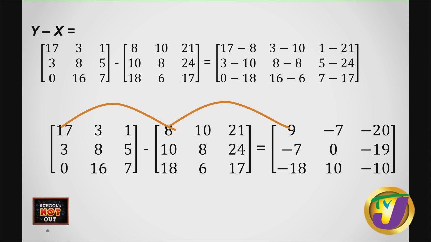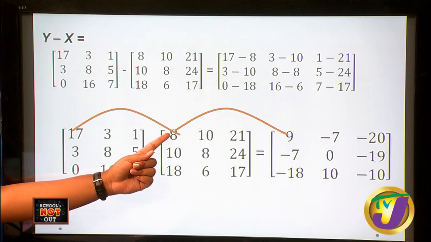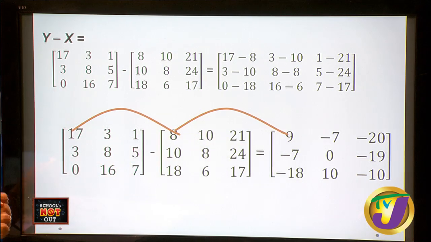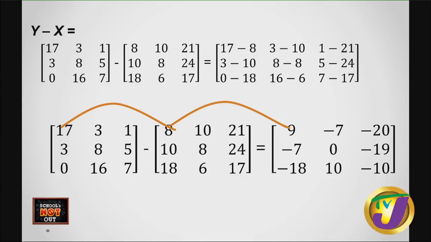First row, first column. I want you to notice that in each of the matrices we have first row, first column, and the answer has to go in that same position. It's not just when you're adding or subtracting.